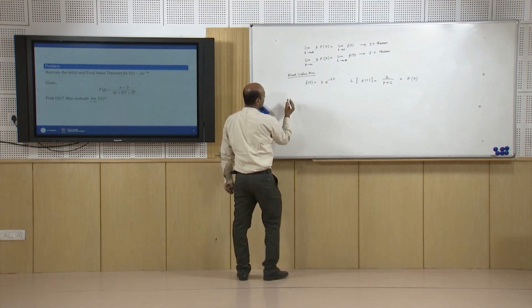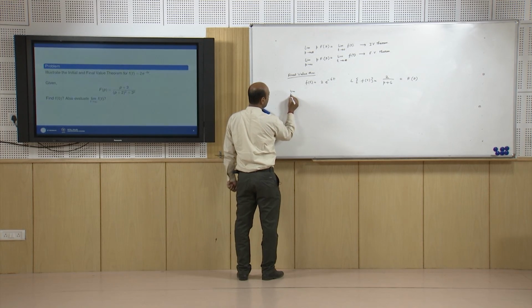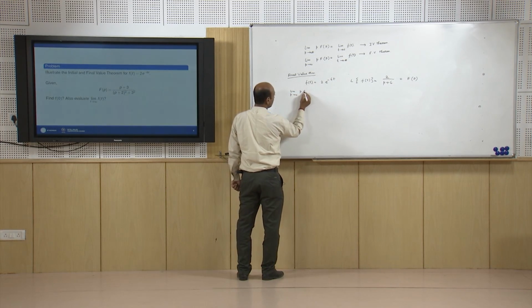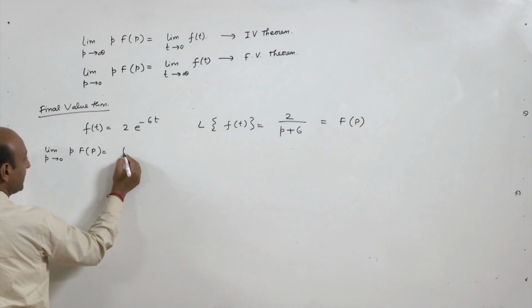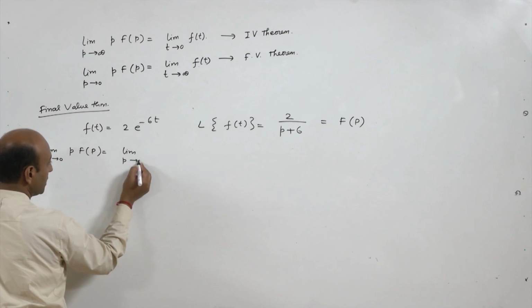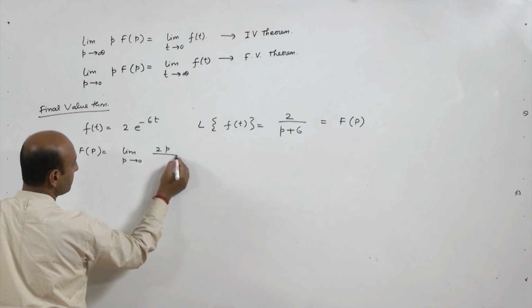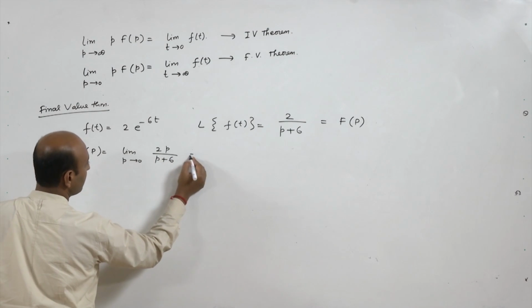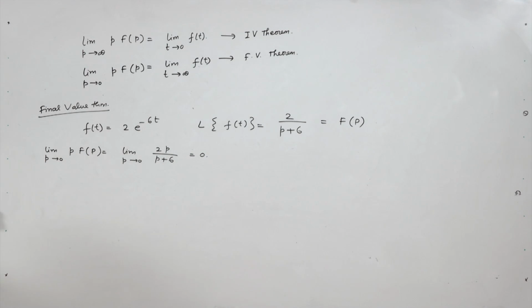What is the left hand side for the final value theorem? Limit p tending to 0 p F(p). So it is limit p tending to 0, p F(p) is 2p upon p plus 6, and it is clearly equal to 0.